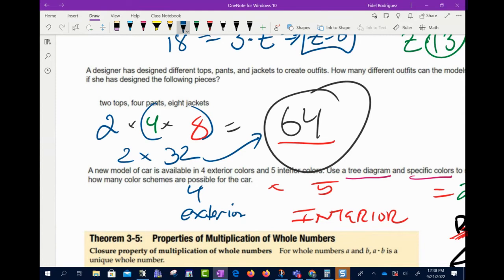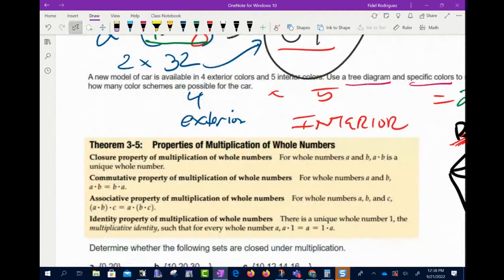For some people, like for me, it was much easier for me to say 2 times 4 is 8. And I know 8 times 8 is 64 because they drilled that into my head ever since I was in 3rd grade, right? But as we got a little bit more advanced in math, we started doing things like 4 times 8. And for some people, they look at 4 times 8, they say 32, now double that, there's your 64. That's what the associative property says. Which one do you do first? Which one do you do second?